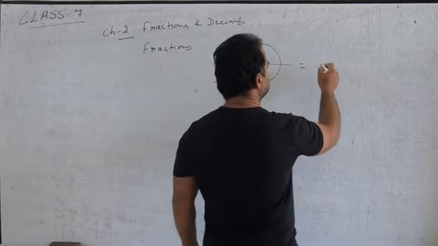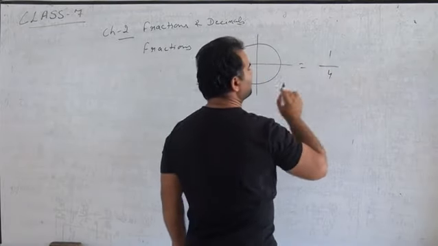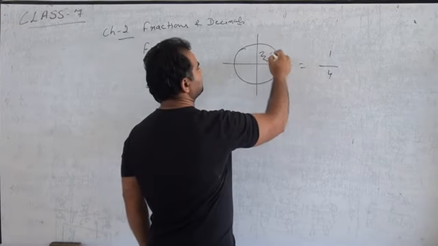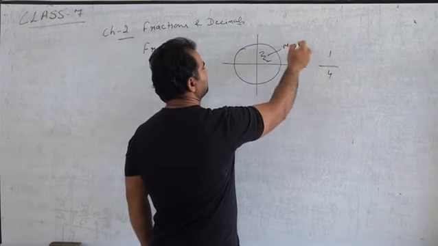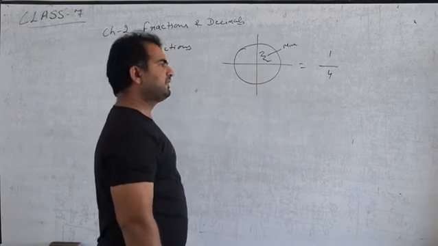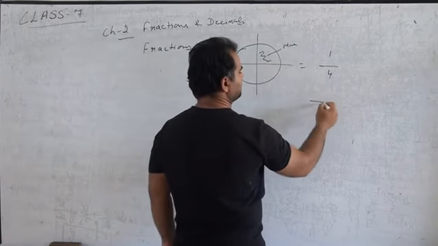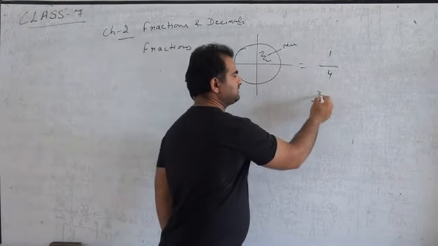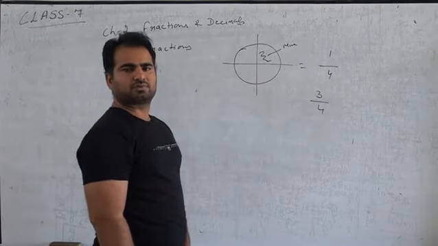I have eaten one part out of 4. This one is mine. My friend eats how many parts? 3. So it is 3 upon 4.